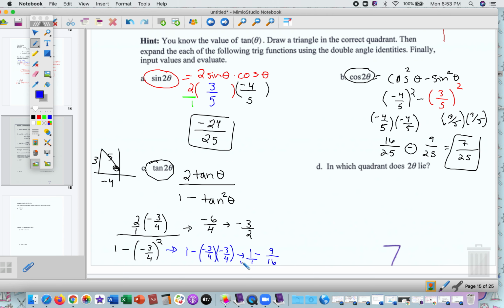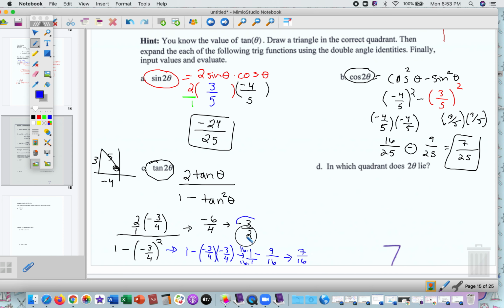We need to multiply the left fraction by 16. So we'll have 16 minus 9, so we get 7 over 16. So then we have numerator divided by denominator.